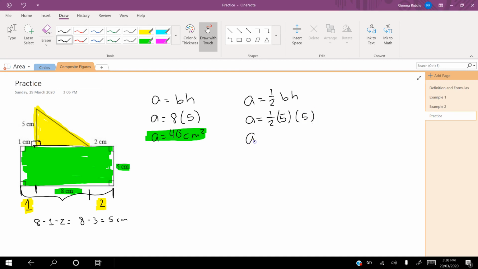So we can do area equals 1/2 and already multiply 5 times 5, which is 25. So when we multiply that by the half, we find that the area of the triangle is 12.5 centimeters squared.